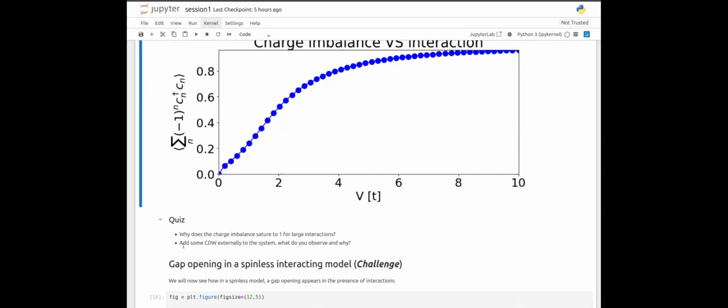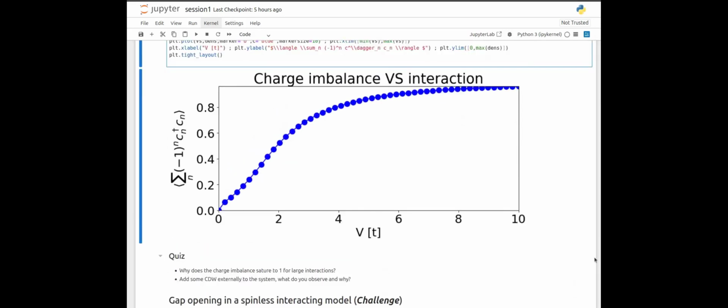And now the next question is, what happens if we add some charge density wave externally to the system? Meaning, what happens if, even before including interactions, we add a different on-site energy in even sites and odd sites. So in a way, we help the system to go to a charge ordered state.